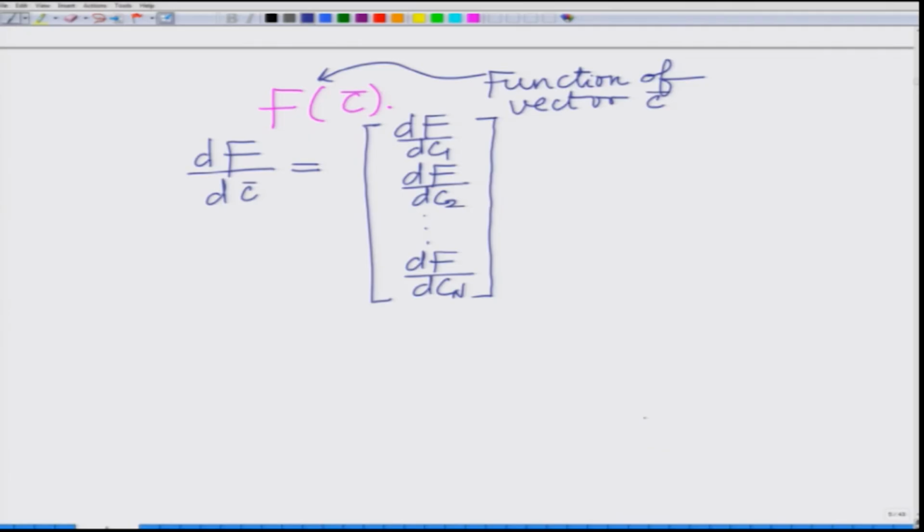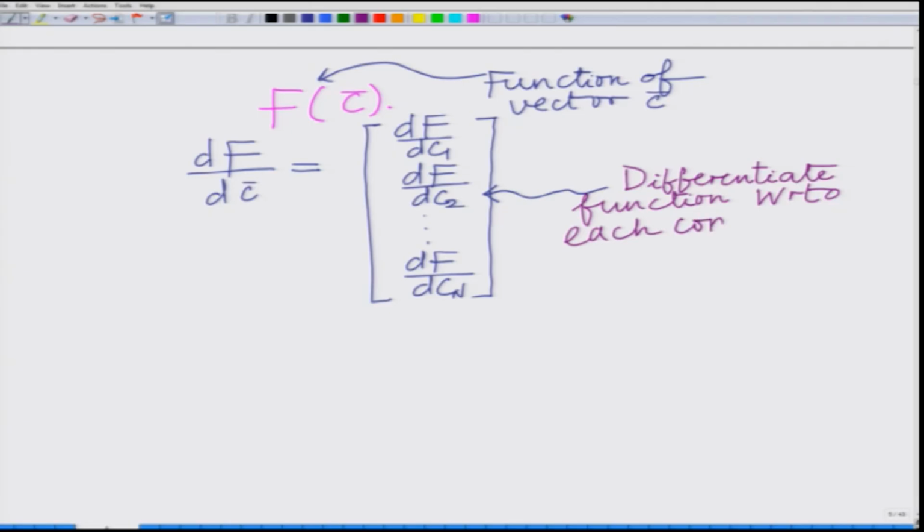That is, we have to differentiate the function with respect to each component of the vector C bar. That is basically your vector derivative.